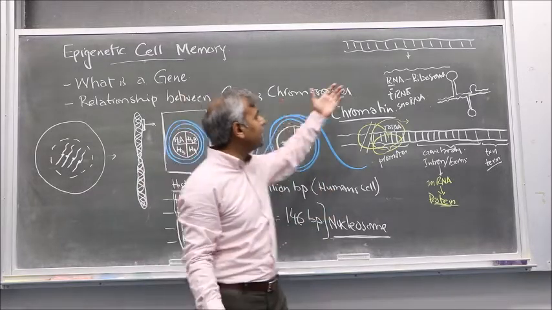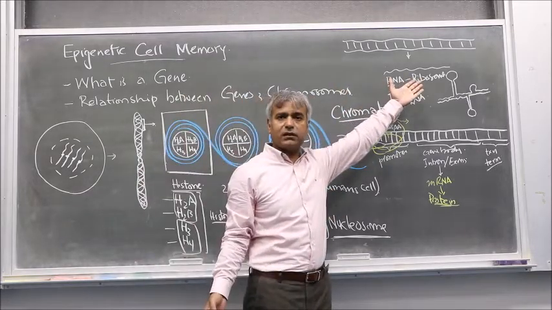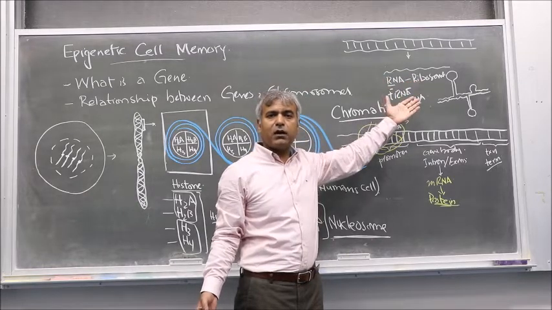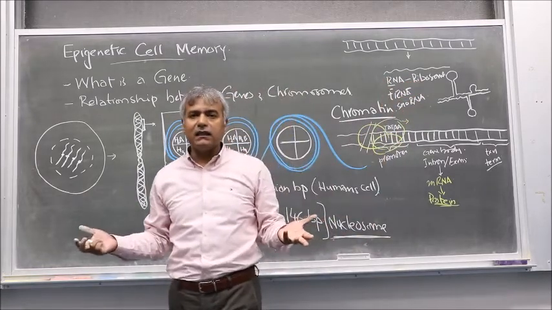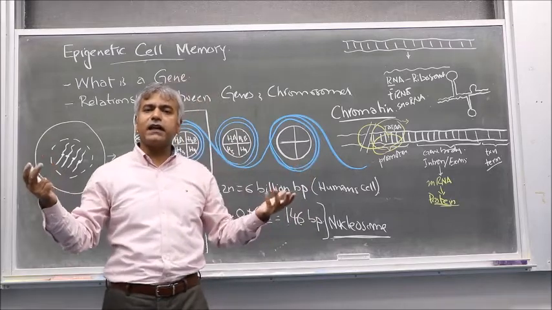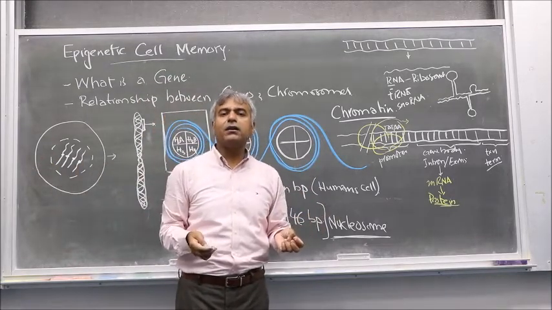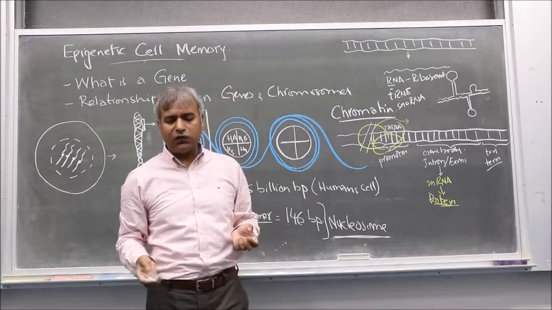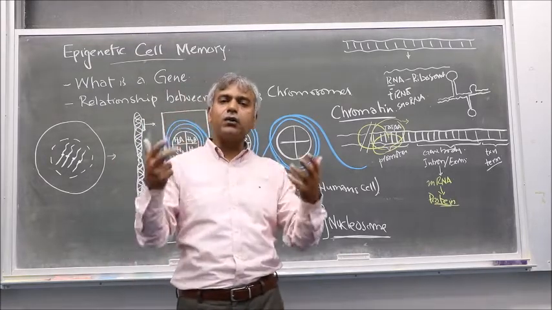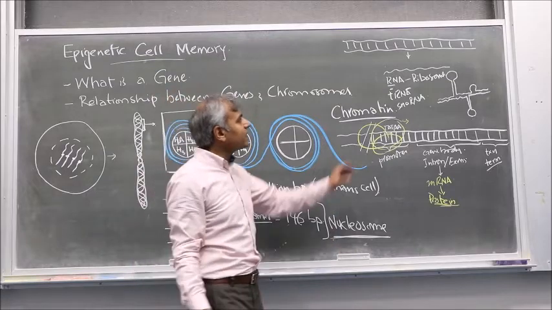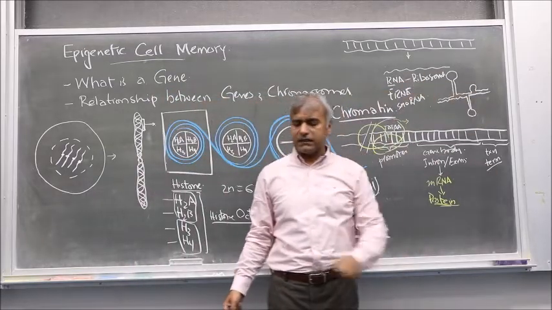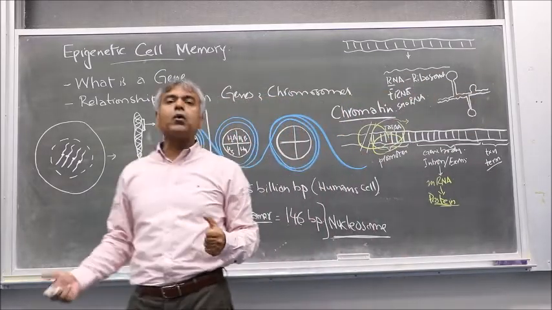For example, here I talked about translation, and I talked about splicing. These genes exist, but they do not get translated in the form of a protein. The hidden code in these genes is just decoded, and they remain as non-coding RNA.